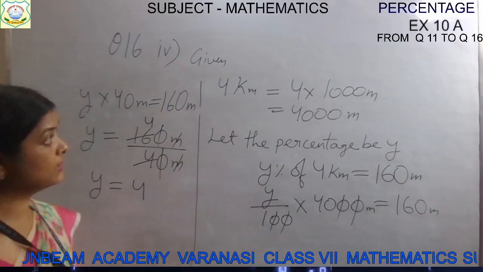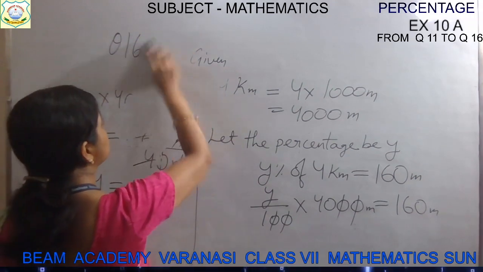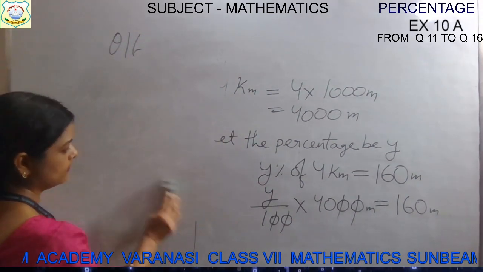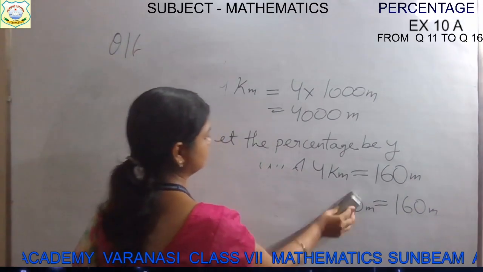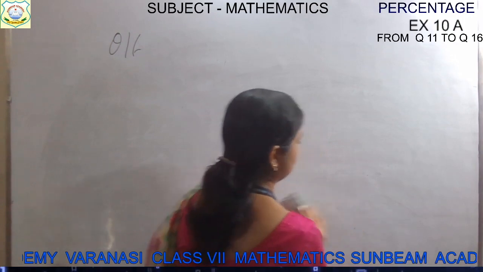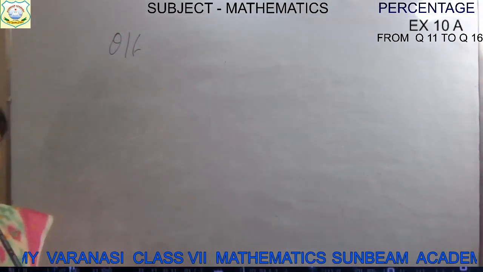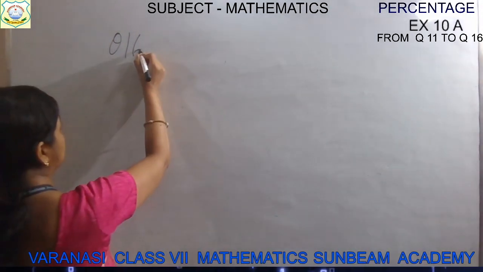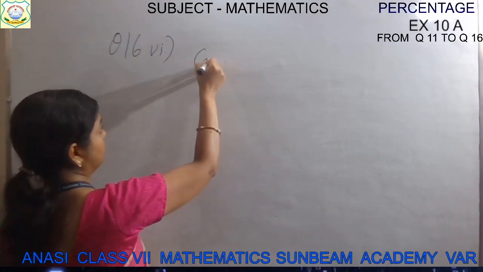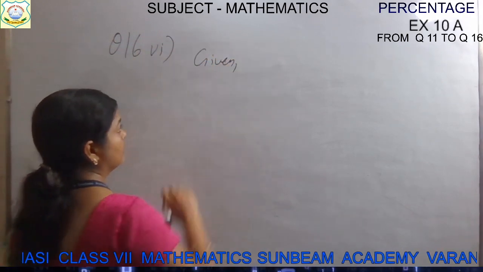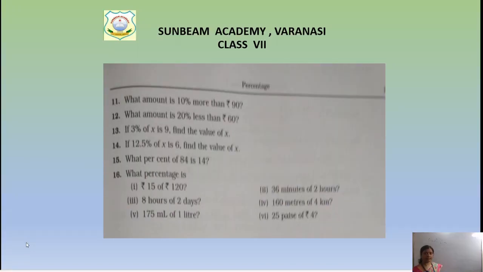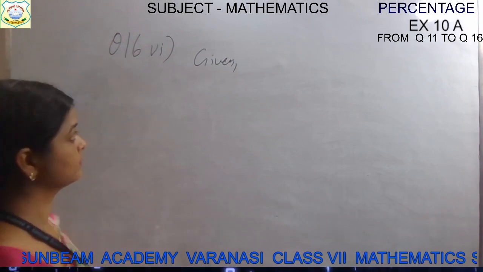I have to erase my board. This is now the 6th part, question number 16. Given: we are given 25 paise and rupees 4.